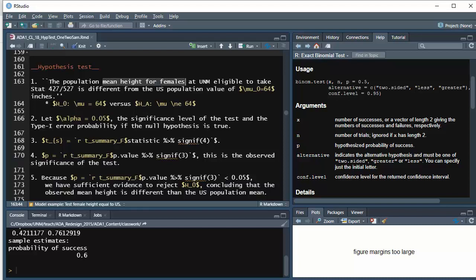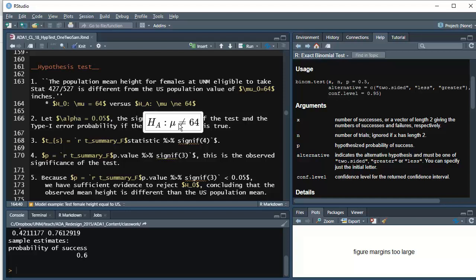In LaTeX and also Markdown, we can typeset equations delimited by dollar signs. So backslash mu is mu, the Greek letter mu, and over here I've also got mu backslash ne for not equals 64.